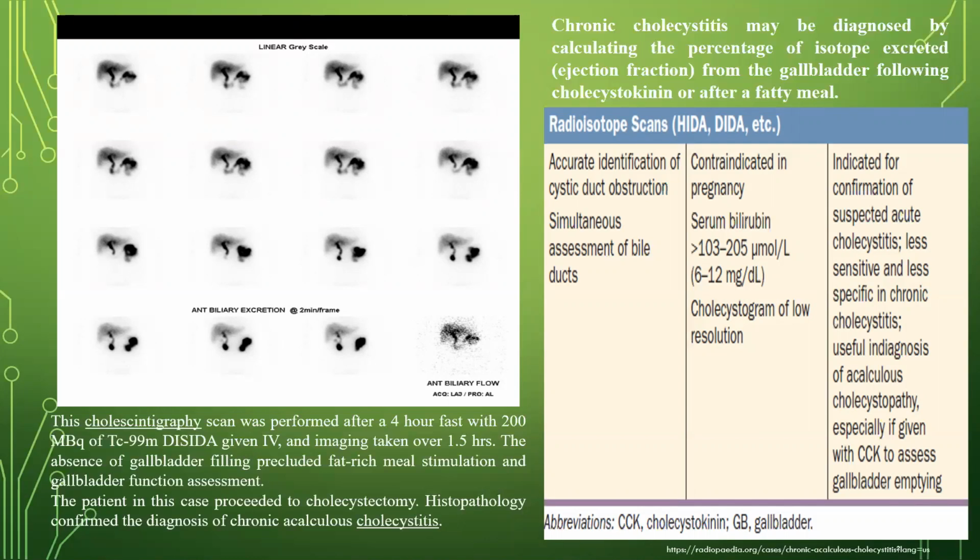On the scan presented on this slide, scintigraphy was performed after 4 hours of fasting, with isotope given intravenously and imaging taken over 1.5 hours. The absence of gallbladder filling precluded fat-rich meal stimulation and gallbladder function assessment. The patient in this case proceeded with cholecystectomy. Histopathology confirmed the diagnosis of chronic acalculous cholecystitis.